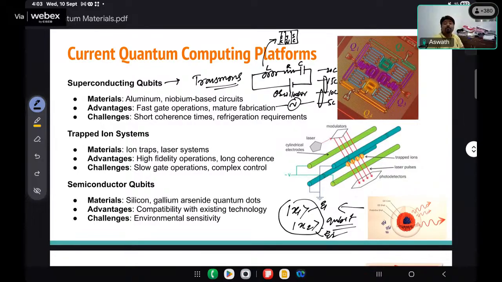The advantage here is compatibility with existing technology, because existing technology is purely based on p-n junctions: p-type material, n-type material, and so on.